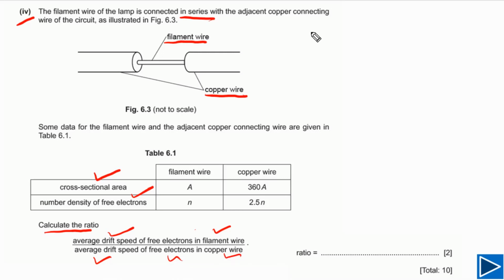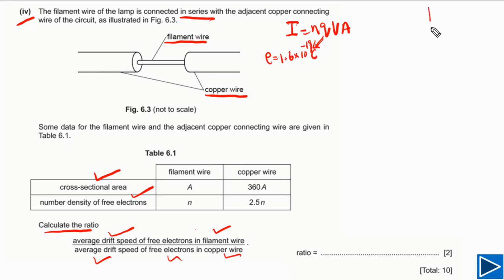This is a typical question on the transport equation, which means I is equal to NQV. We need to understand what Q is here: Q is the charge on a single electron, and its value is constant, 1.6 times 10 to the negative 19 coulombs.